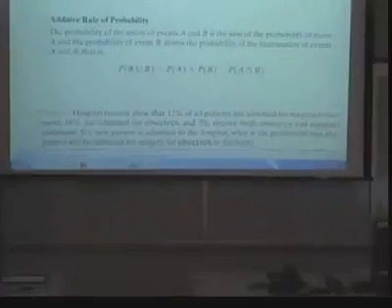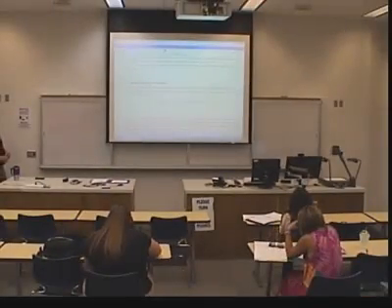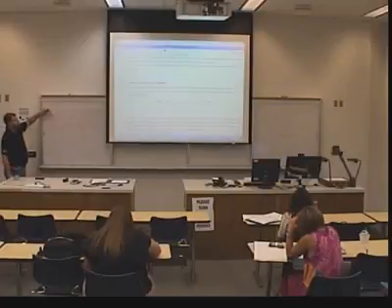We will use these rules a lot in this homework assignment. And these you'll be given on your formula sheet for the test. Right? You won't have to memorize that stuff. So our rule of complements and our additive rule of probability.